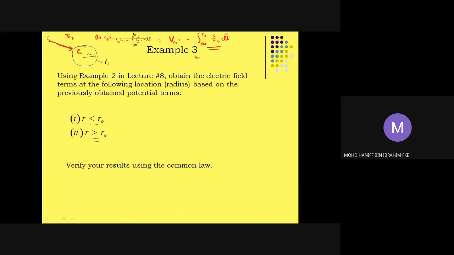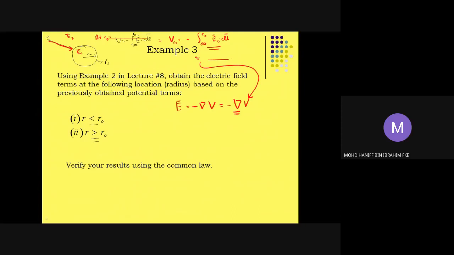And we managed to find the potential V. So in this example, what is requested is that if we know the potential V at R naught, for example, we need to find what is the E field at that particular position. So we need to do the gradient, in which we need to find the negative of grad of V, evaluating the negative gradient of this potential.